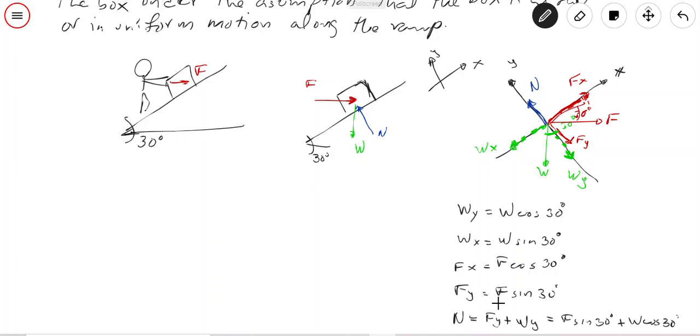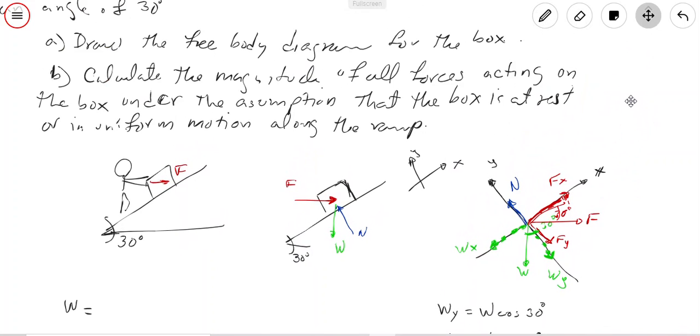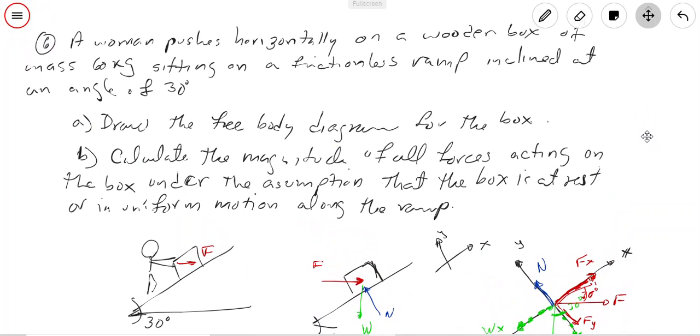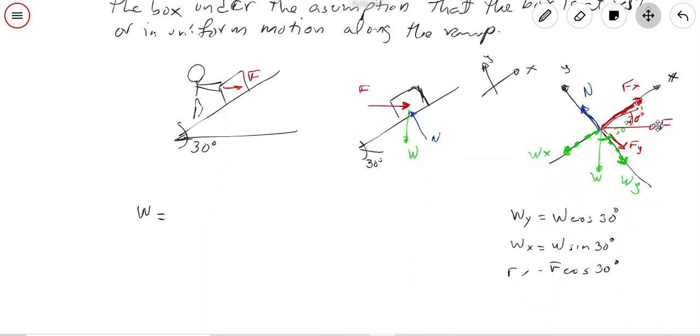Now I'm going to calculate the magnitudes. So what I know is that the mass of the box is equal to 60 kilograms. Okay, this body over here. This is the mass of the box.